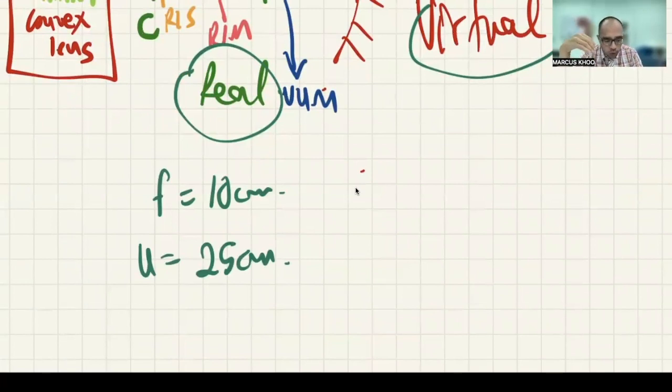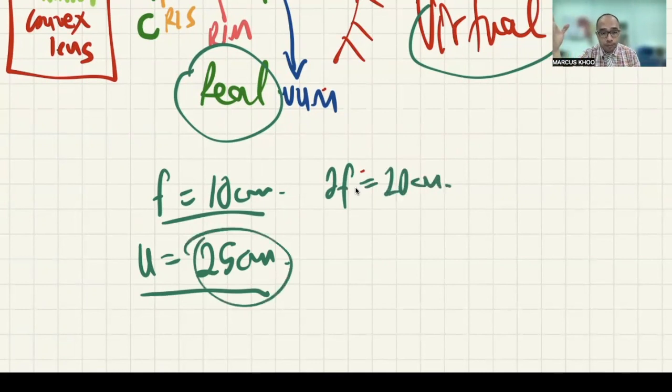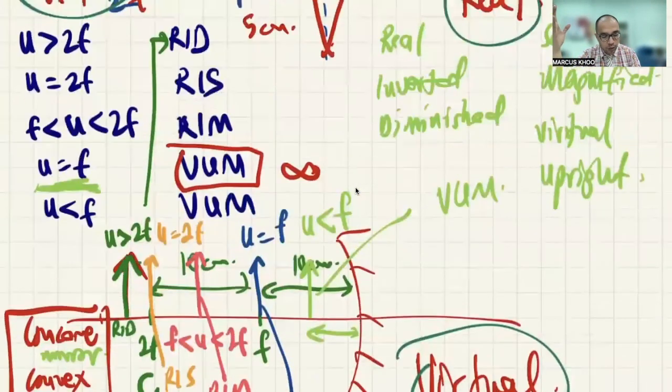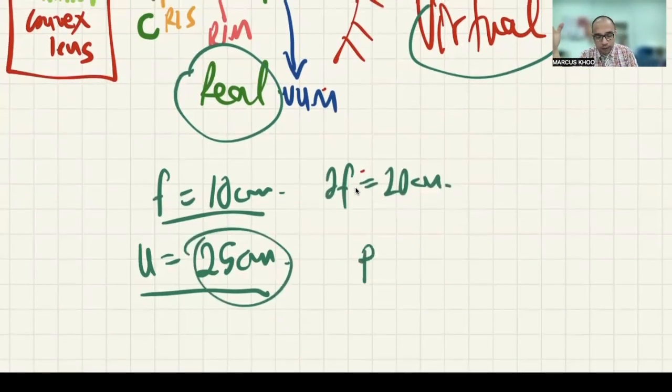Okay, when you know the focal length and you know the object distance, you can immediately tell me what the characteristics of the image are. Oh, okay. If f is 10 centimeters, 2f is 20 centimeters. My object distance is bigger than 2f. Bigger than 2f means what? It will be RED. Okay, my image characteristics will be real, inverted, diminished.